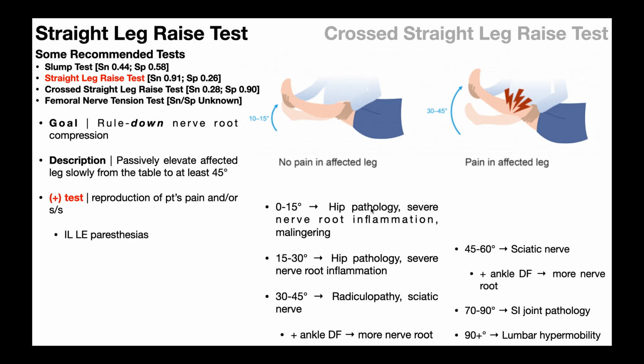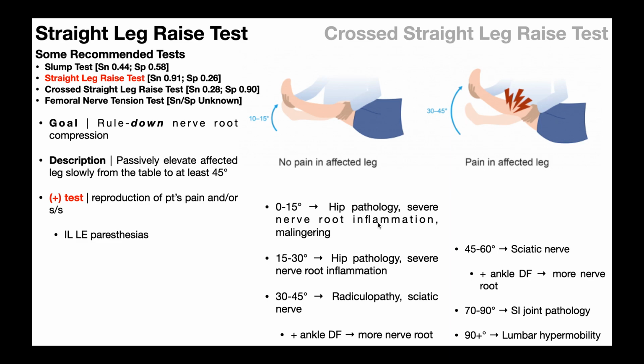It could be a hip pathology, which means we need to qualify the nature of the pain. So if the patient has pain, we need to ask them what it is, because it may not be those paresthesias. If it's not, it could be a hip pathology. They may point to their hip and they may deny that it's paresthesias. It also could be, in rare cases, very severe nerve root inflammation.